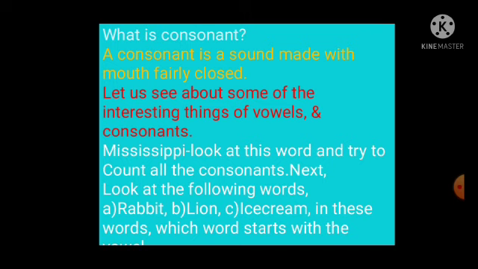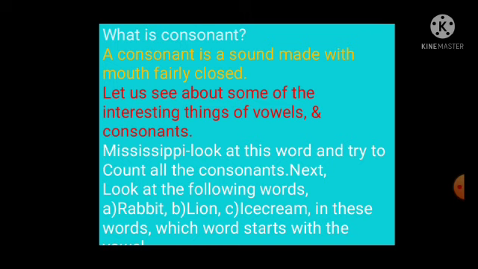So this is the only difference between vowel and consonant. When we are pronouncing the consonants, at that time one part of our mouth will touch another part of our mouth. This is the only difference between the two, vowels and consonants.